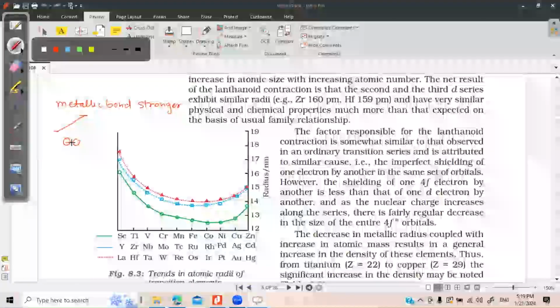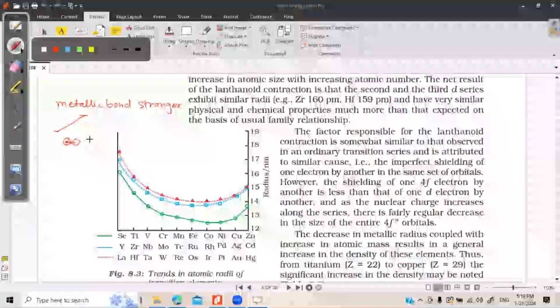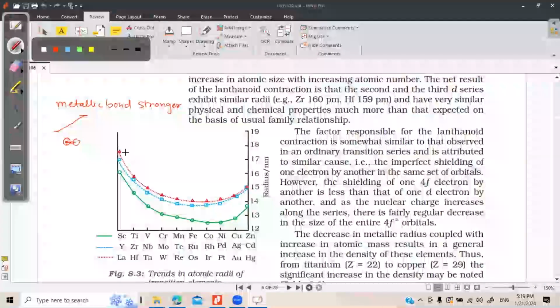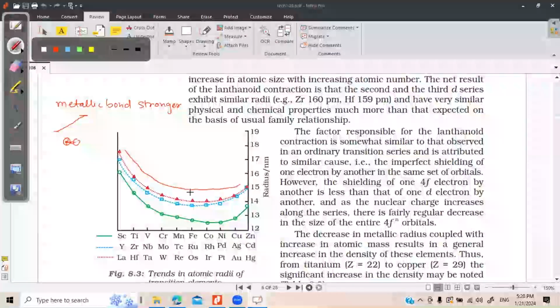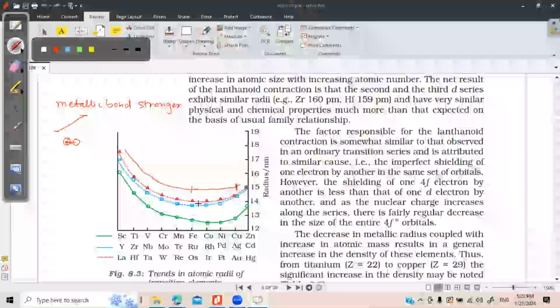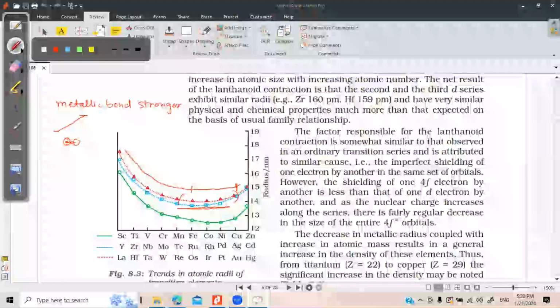And the nucleus also pulls the electrons towards the center, and hence we find that there is a gradual decrease in the atomic radii, and then we find almost constant atomic radius. There is no gradual or big increase. You can see from here till here, the atomic radii are almost similar.